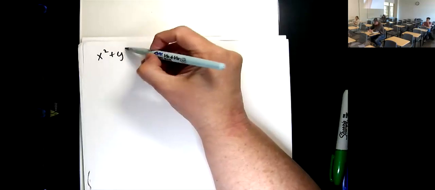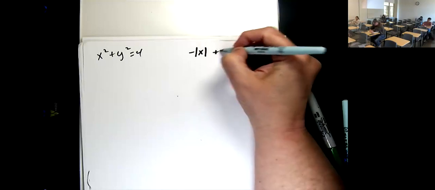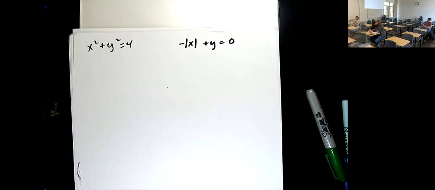Let's start this one. X squared plus y squared equals 4. Negative absolute value of x plus y equals 0. The easiest way to work with the absolute values is to square them.